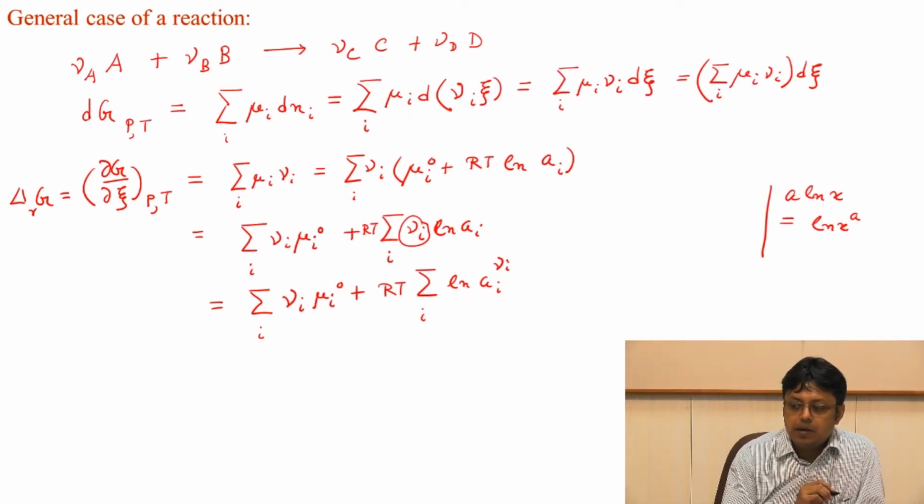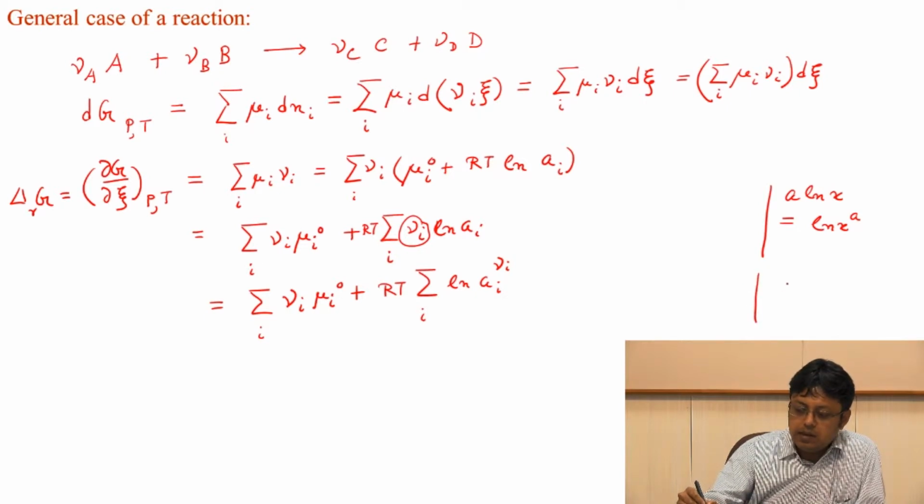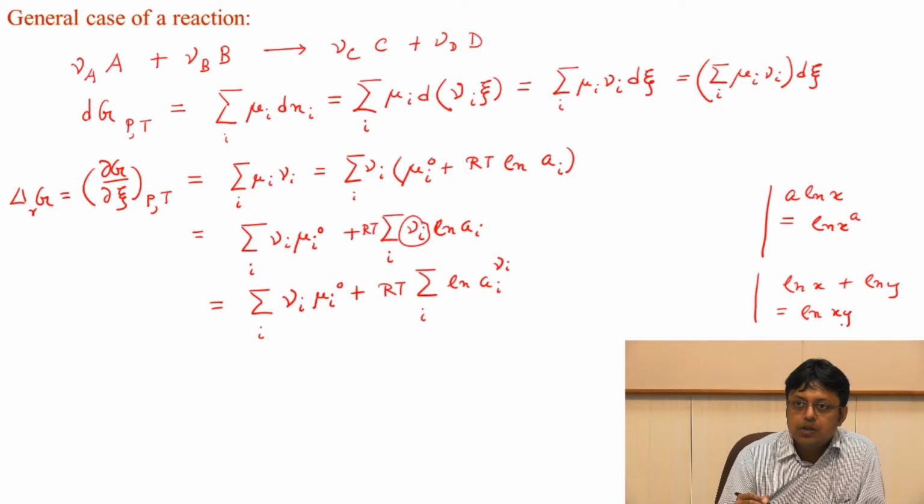Now what is the sum of ln? What is, say, ln x plus ln y? It will be nothing but ln xy. So it is basically taking the logarithm of the product terms. In this case, there was already a power here.